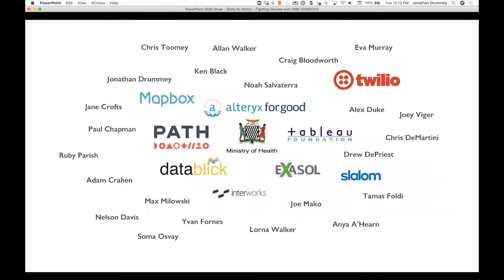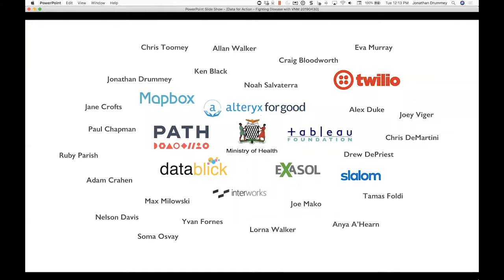In this, we were taking advantage of an underutilized resource, which is these companies that were offering great software and great tools for doing tasks that we wanted to do, but weren't ones that had necessarily been used in this kind of public health space before.